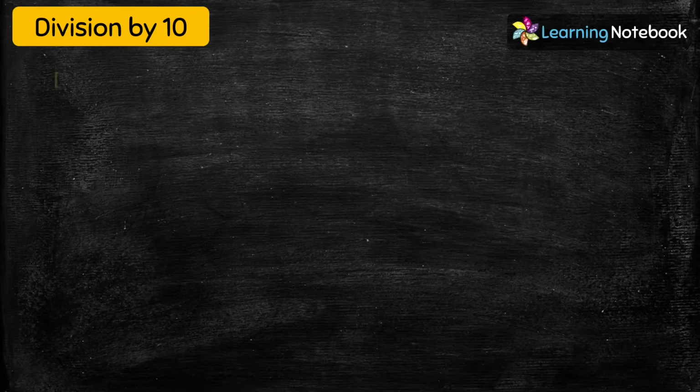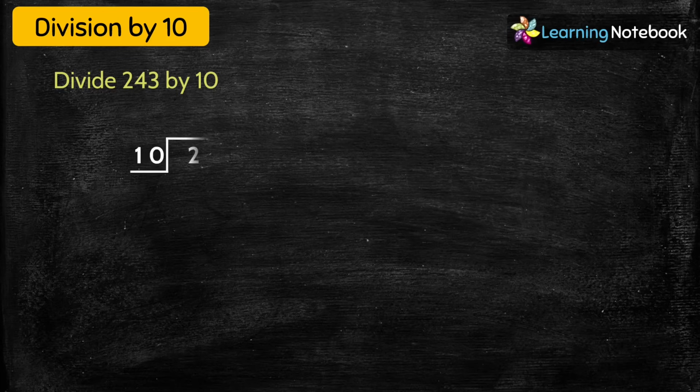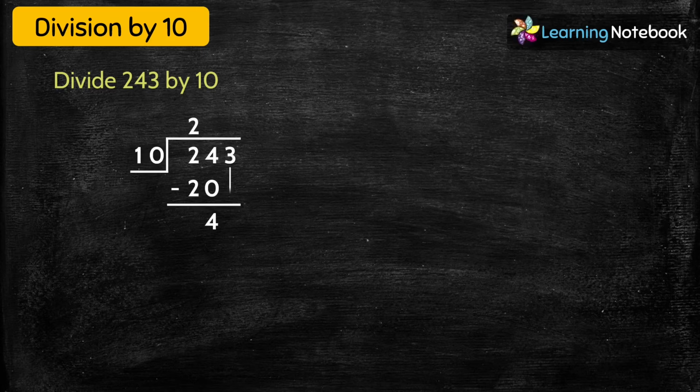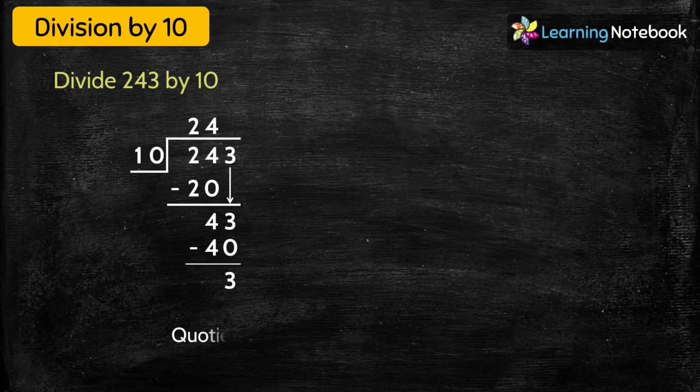Now let's do one more question. Divide 243 by 10. Again, we will divide using long division method. We know 10 into 2 equals 20 and 24 minus 20 equals 4. Copy the next digit 3. Now 10 into 4 equals 40 and 43 minus 40 equals 3.